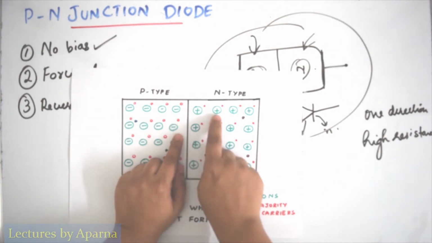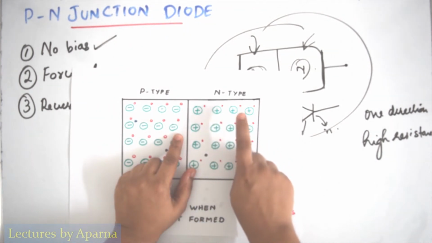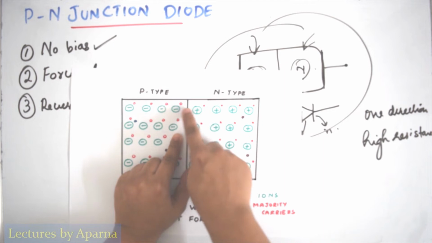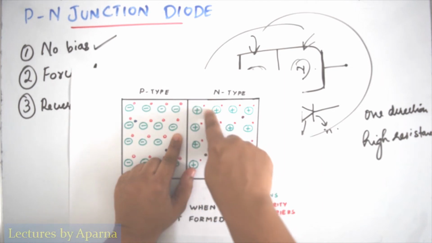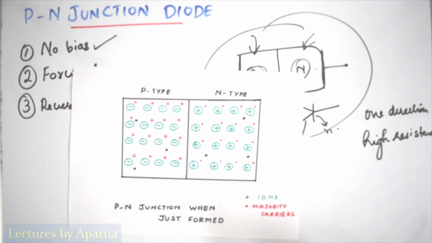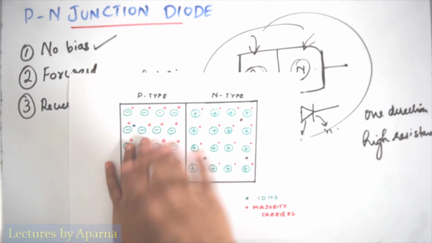Then after crossing, they will recombine, that is, these holes will cross the junction and recombination with the electrons happens.